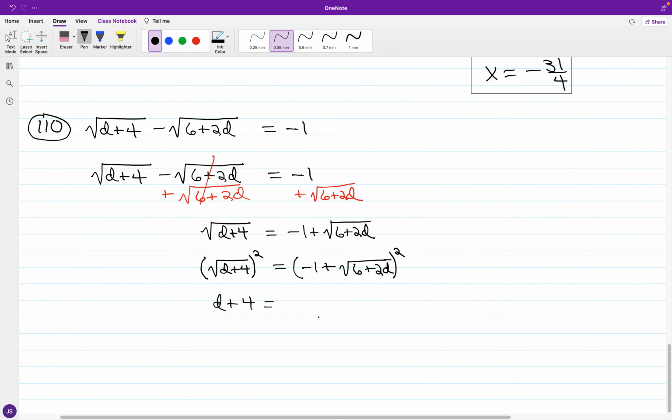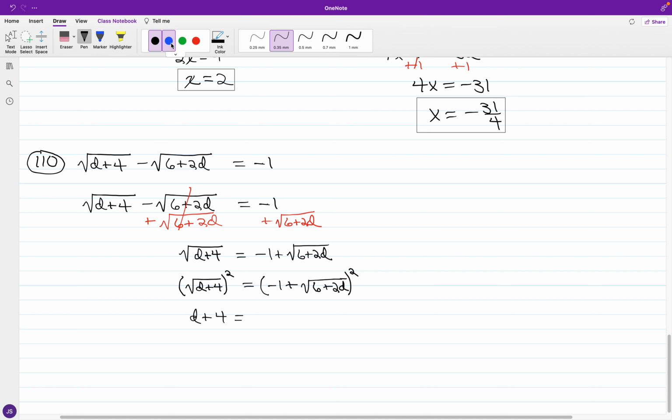Now, in terms of squaring out the sum of these terms, if I FOIL out, I've got negative 1 times negative 1 is a positive 1.